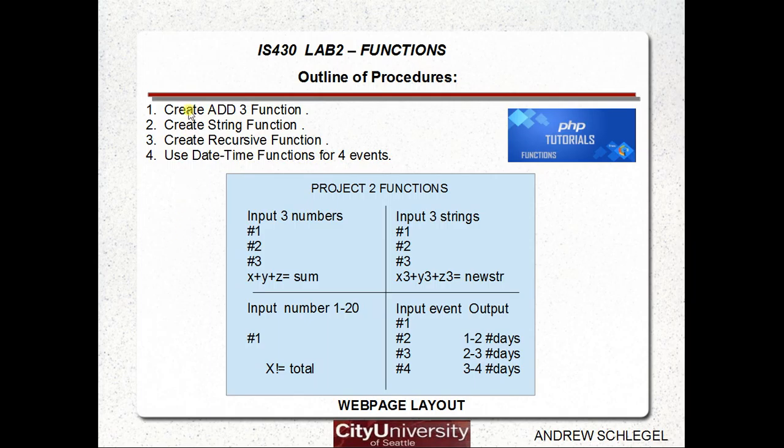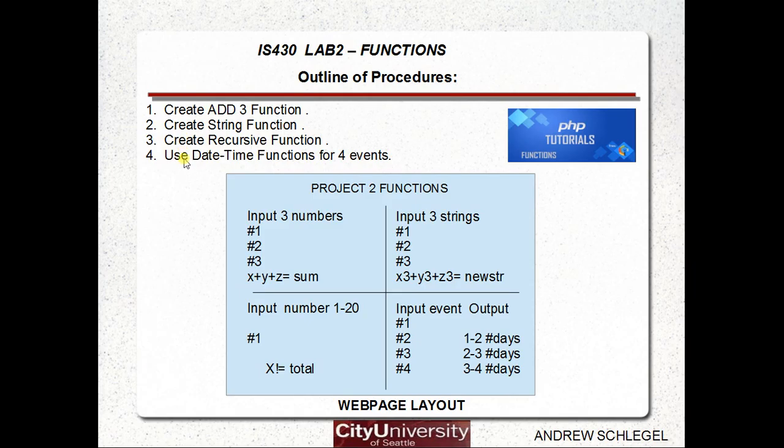Okay, so these first 2 come pretty much from the video I posted to you about functions. The first one is almost exactly like the video. The second one is close, and the third one is a little bit from the video, but you're more on your own.